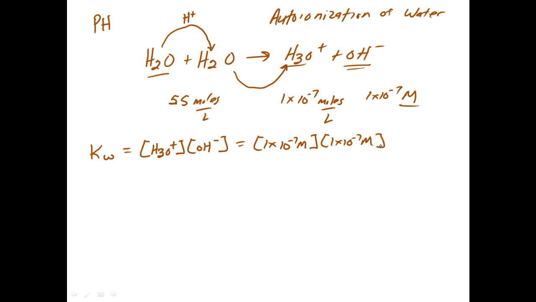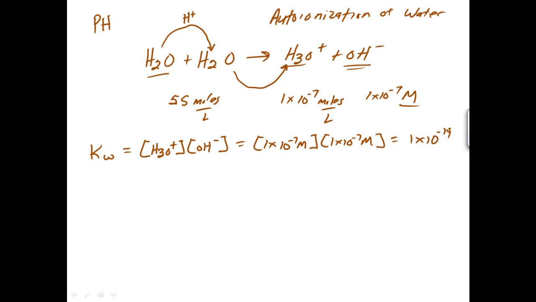So if we multiply these two numbers together, remember when you multiply exponents, you add them together, we get 1 times 10 to the negative 14th. And we don't really use the units here. It would be molarity squared, but that unit doesn't have a lot of meaning to us.